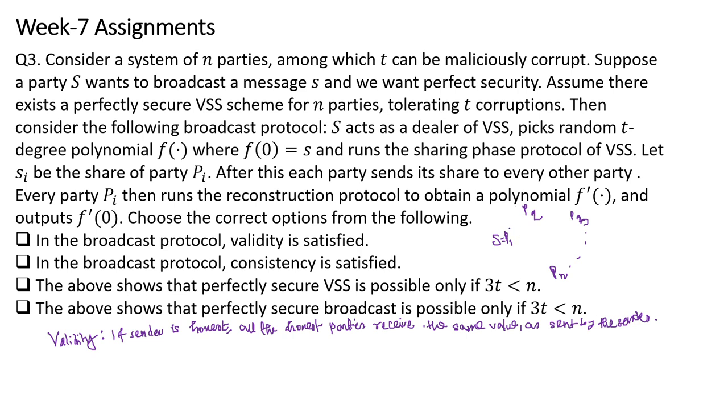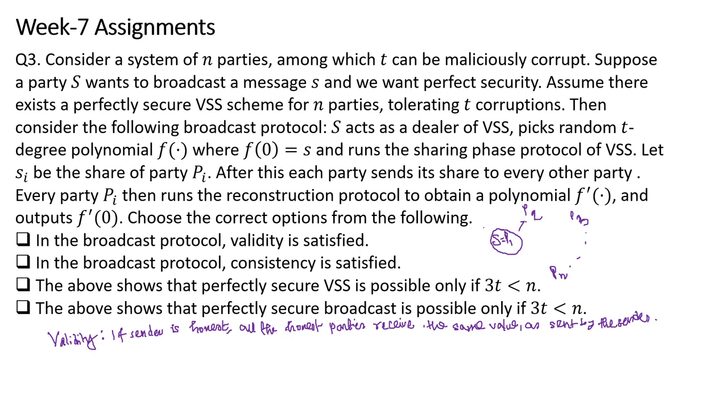Now it functions as a dealer of the verifiable secret sharing scheme. So whatever value, let's say value v, is the value that S wants to broadcast, if S is honest, then it will correctly distribute the shares following the sharing phase of the verifiable secret sharing protocol.